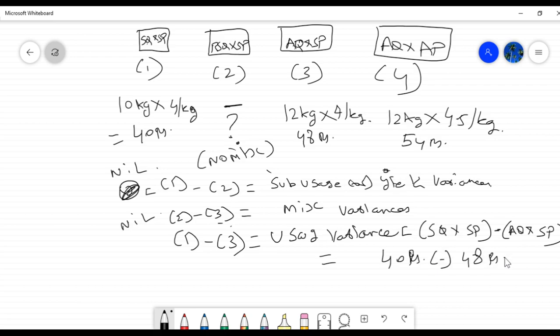So difference how much? 8 rupees. Is it adverse or favorable? Am I using more quantity or less quantity? More quantity, and more quantity means adverse. You are not using effectively, you are incurring more raw material. That is the meaning. Then what is the next one?